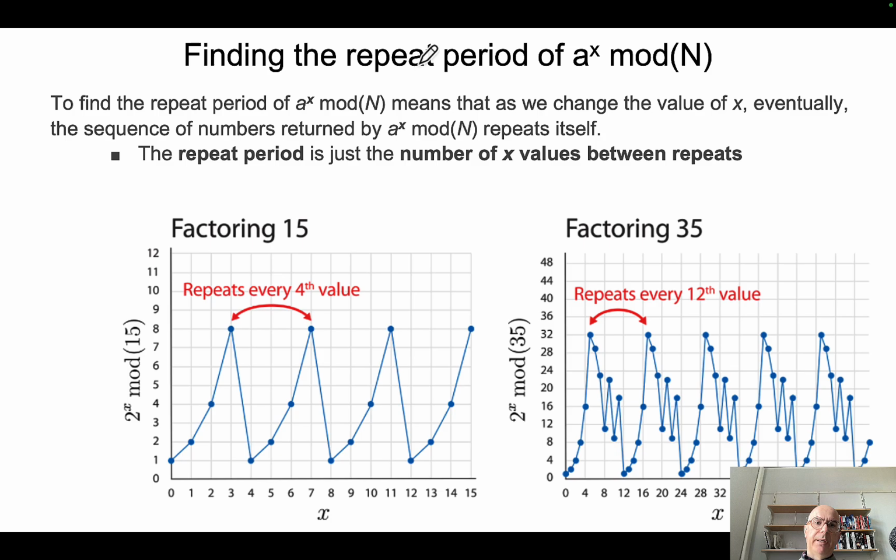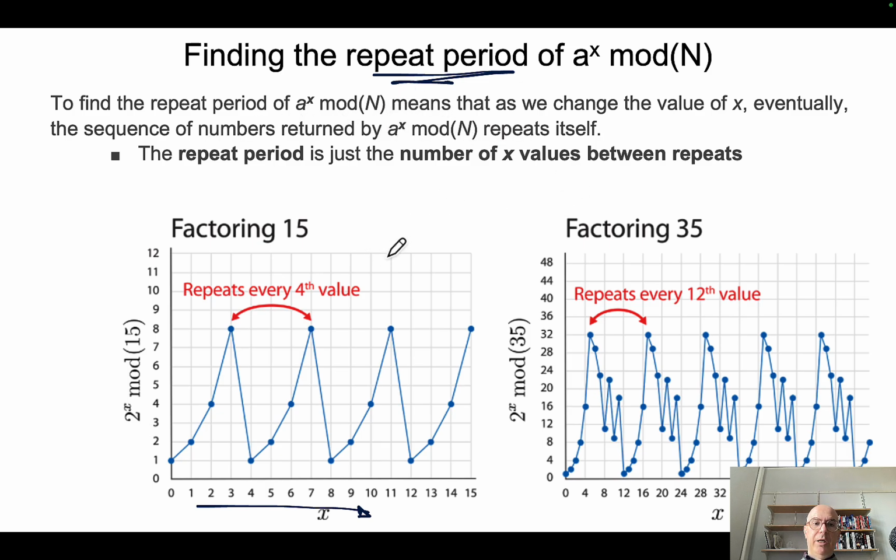Well, this is very similar to the period of a function, in this case a discrete function. To find the repeat period of a^x mod n means that as we increase the value of x, eventually the sequence of numbers returned by this function repeats itself.